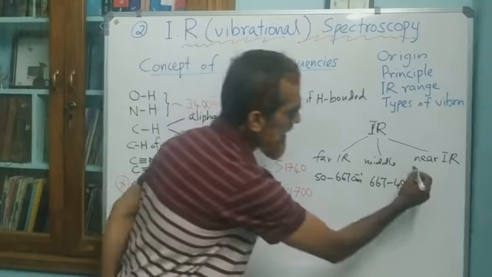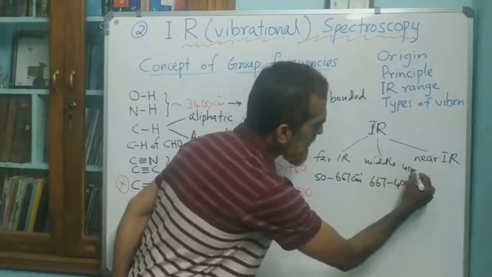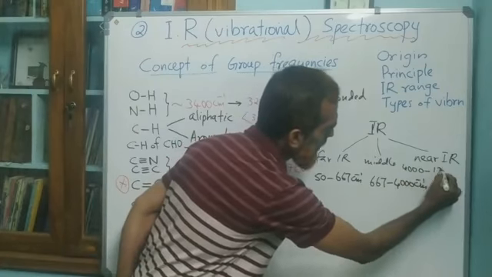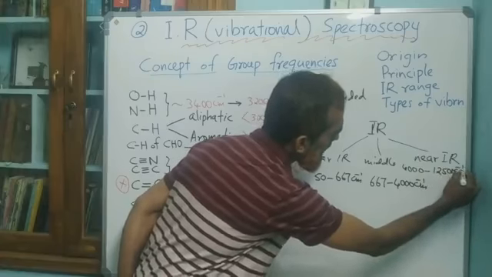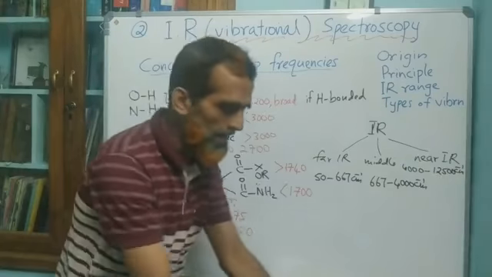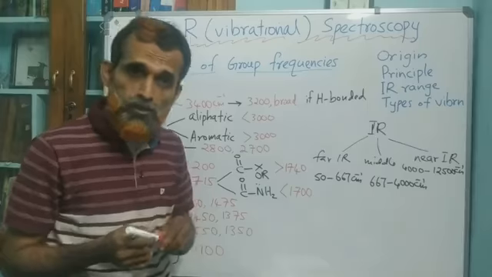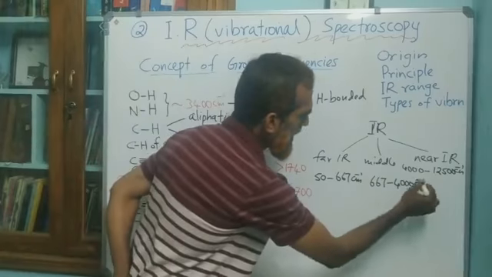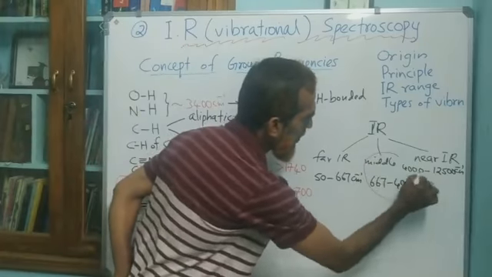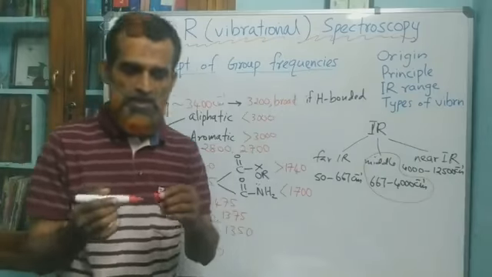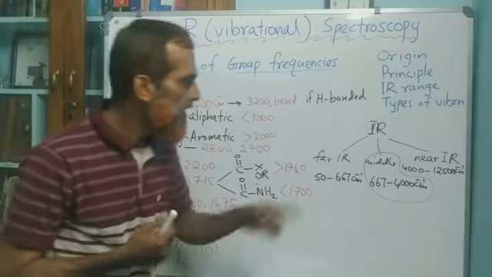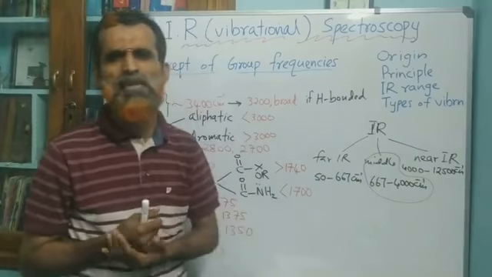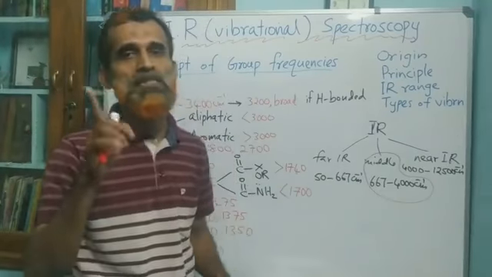And near IR is from 4000 centimeter inverse to 12,500 centimeter inverse. Spectroscopists are interested in this middle IR, the range of IR used for spectroscopic purposes. Which one? 667 or roughly 700 to 4000 centimeter inverse.